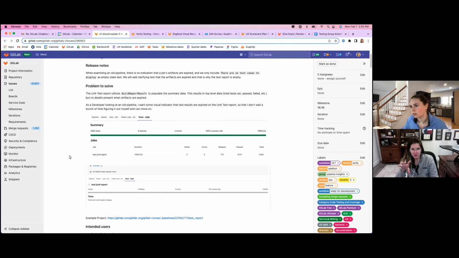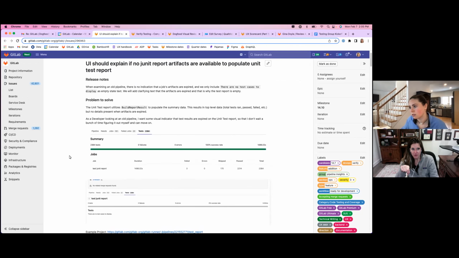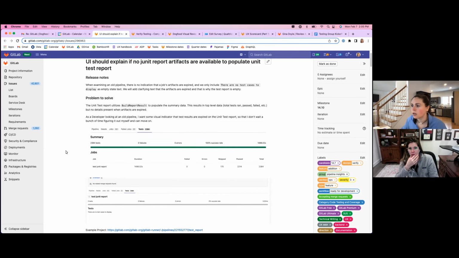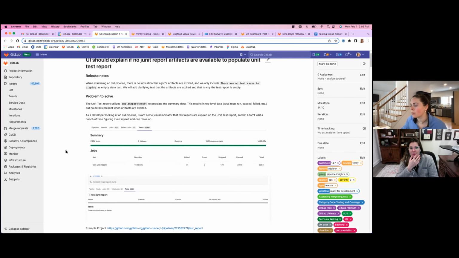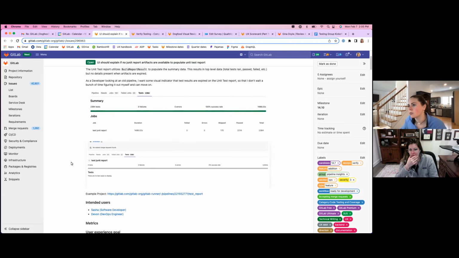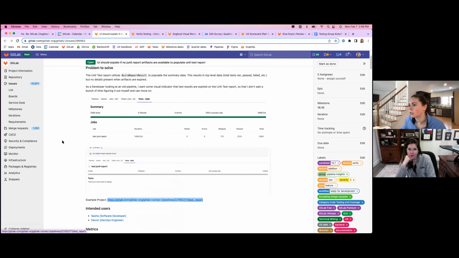This particular issue, though, sounds like there's still a problem when something has expired and people are expecting a result, right? Yeah. So the problem I'm trying to understand is, let me go into this example project.